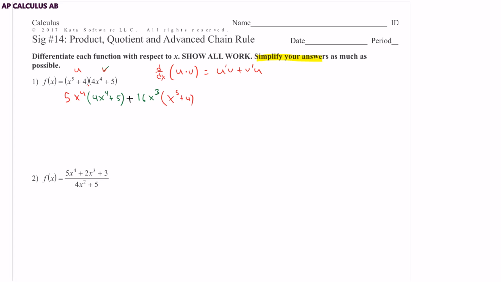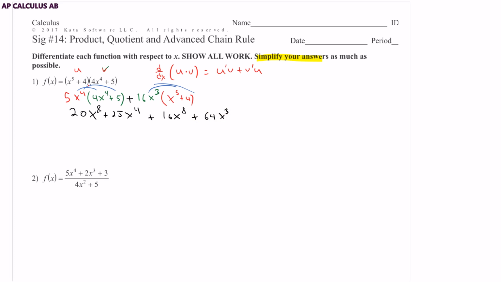Then the instruction does say simplify your answer as much as possible. So in this case, we can distribute these in here and then combine like terms. So we're going to go ahead and do that, right? So this is going to give me 20x to the 8th plus 25x to the 4th plus, over here we're going to get 16x to the 8th plus 64x to the 3rd.